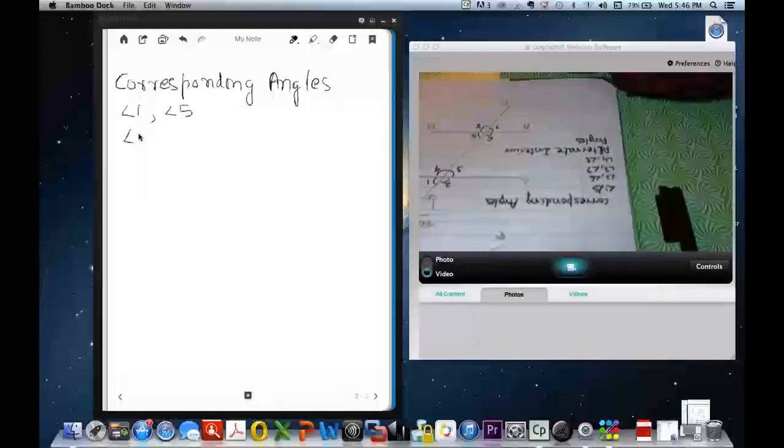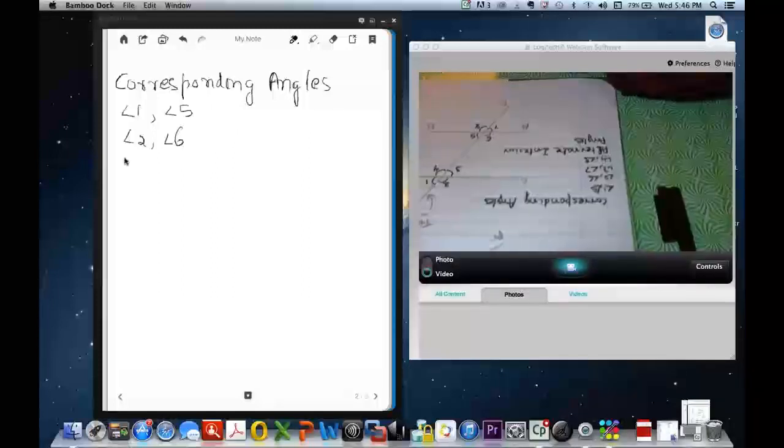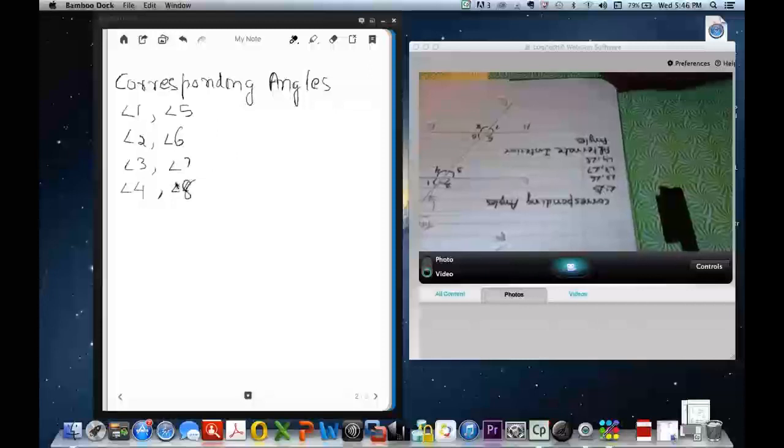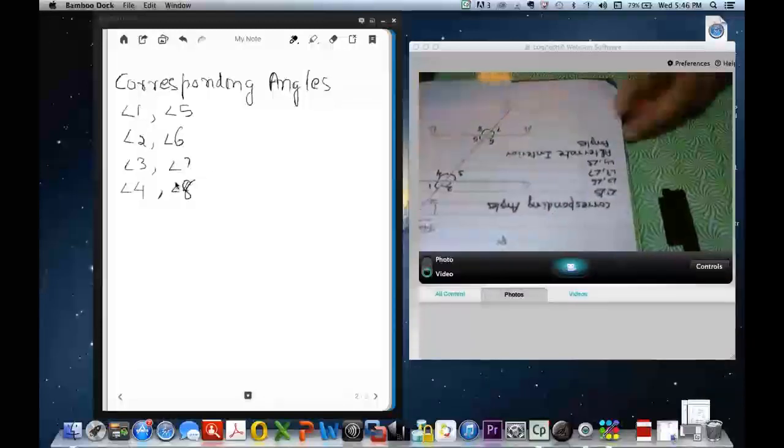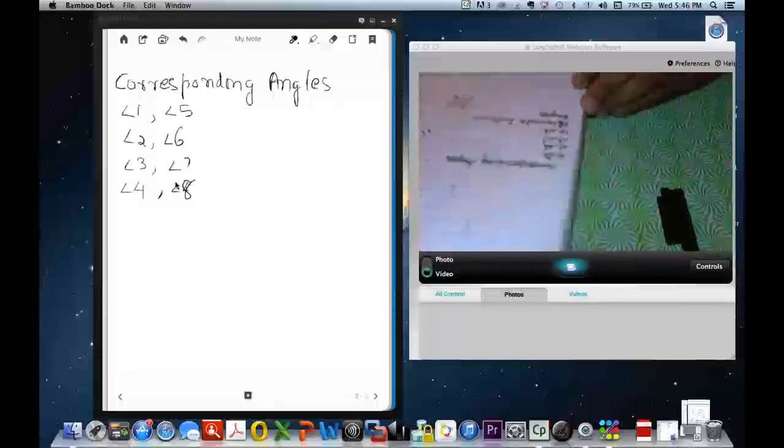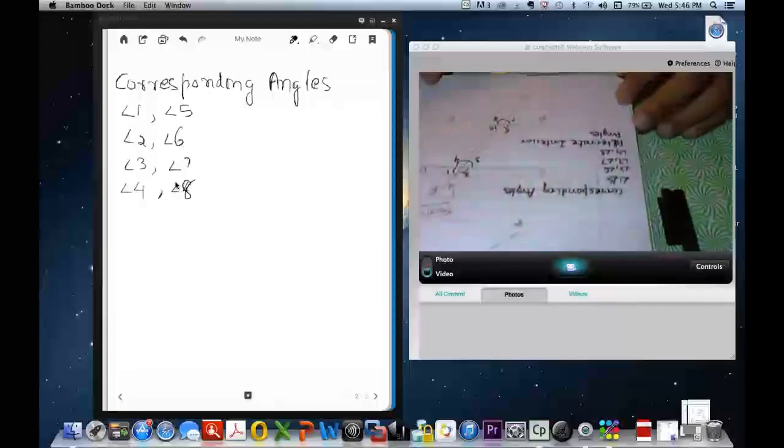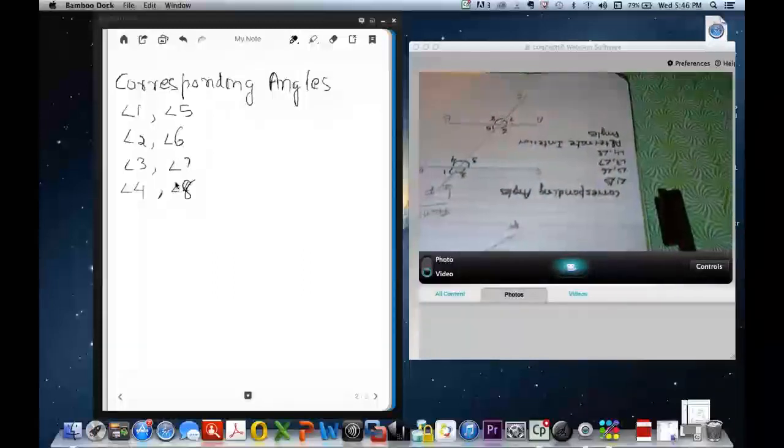Angle 2 and angle 6, angle 3 and angle 7, and angle 4 and angle 8, right? Since the diagram is clear here, I would rather write it here so that it's more clear.